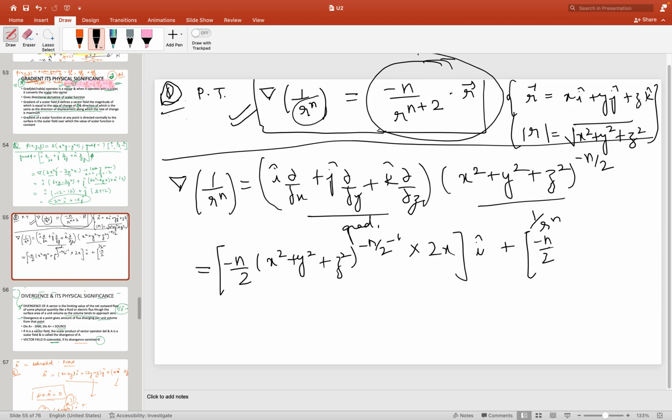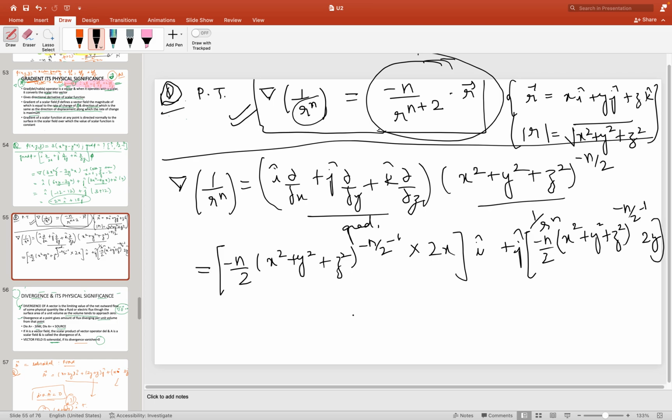Those terms will be similar because everything is the same, just the differentiation with respect to the coordinate axis is changing. Everything is the same, (x square plus y square plus z square) to the power minus n by 2 minus 1, multiplied by 2y. Yes, very good.